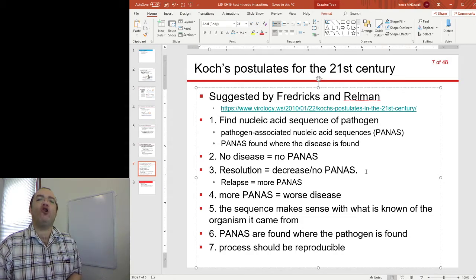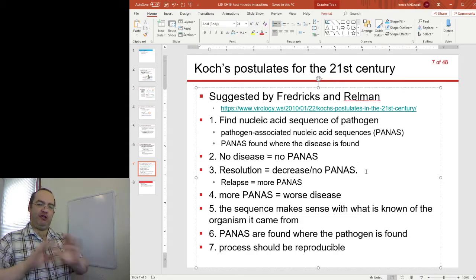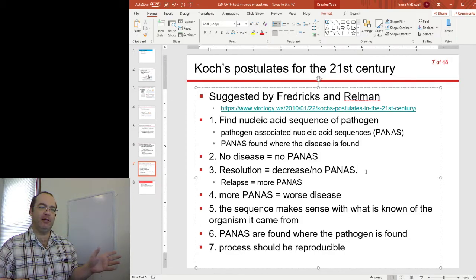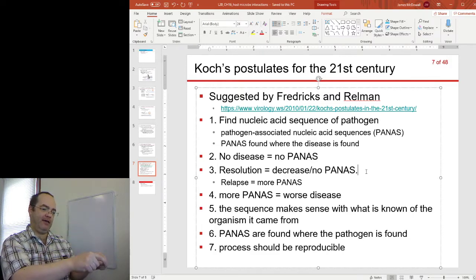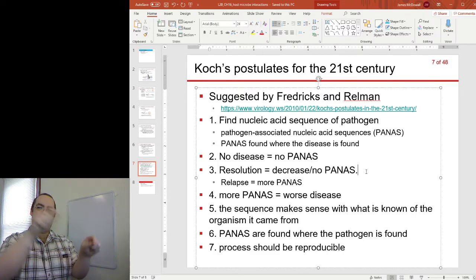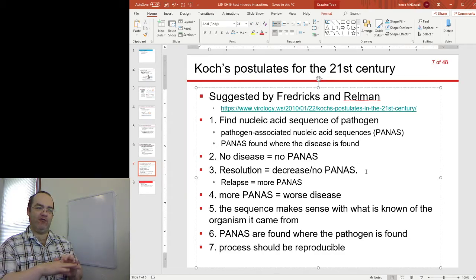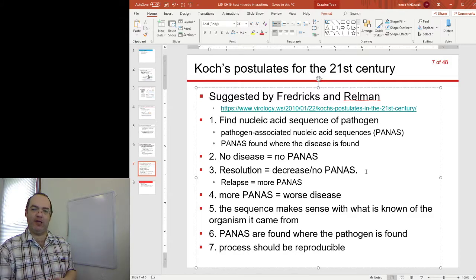Obviously, a lot more complicated than that, but you don't have to grow anything. You don't have to worry about signs and symptoms. You just need to take the sample from the patient and read the sequence. That puts to rest the idea of growing the organism in pure culture. You don't need to grow it at all.